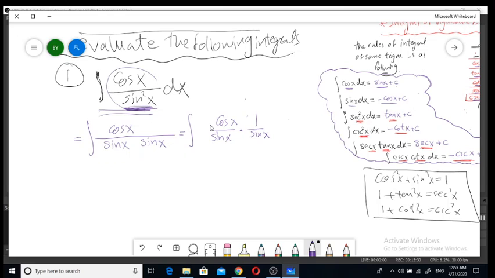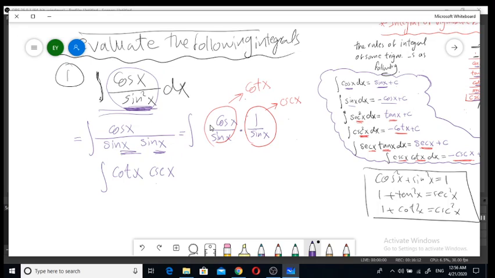So we are going to simplify the expression as much as you can. Then we are going to find the integral of the simplest form. So we have cosine x over sine x. Actually, we can convert it to cotan x. And we have 1 over sine x, which is the reciprocal of sine, which is cosec x. So we have the integral of cotan x times cosec x.